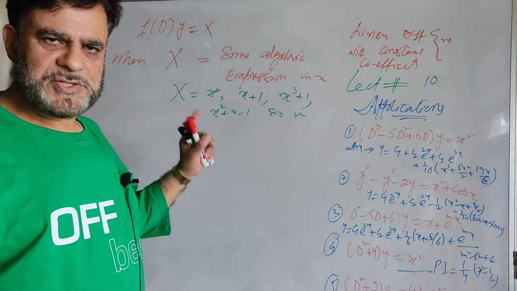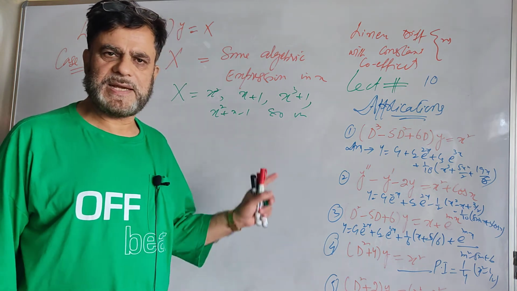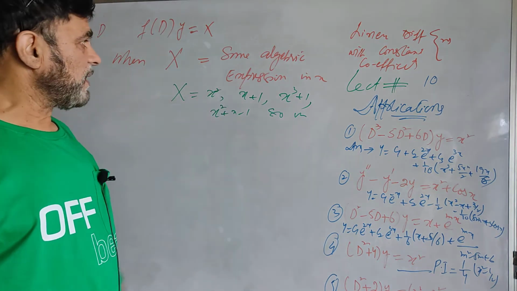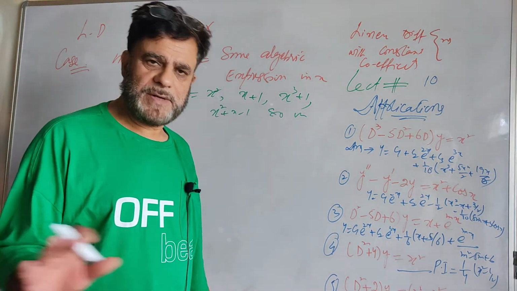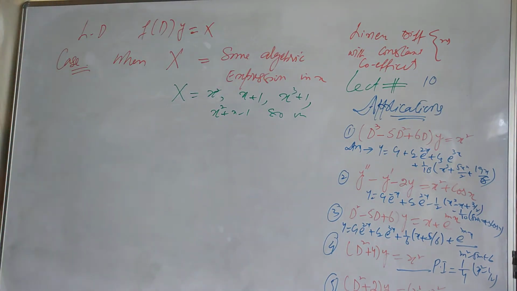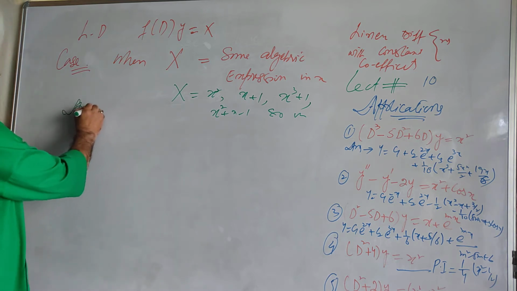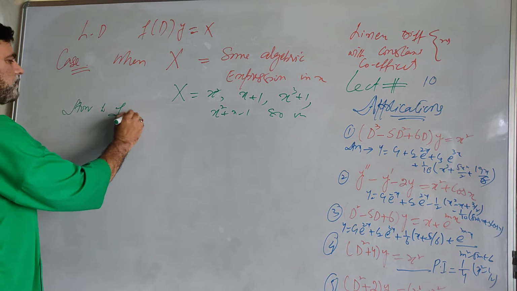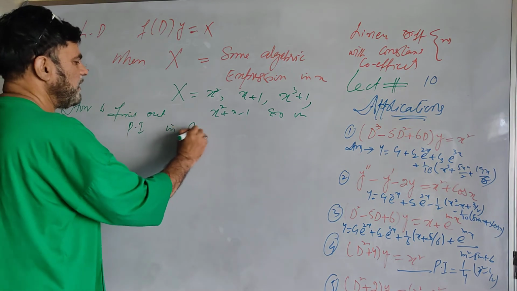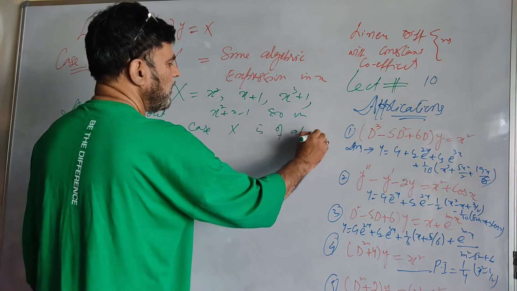The complementary function part is the same in all the cases, whether X is an exponential part, trigonometric, or this algebraic expression. The complementary part you find the similar way that you did in previous cases. Now I want to discuss here how to find out the particular integral in case X is of above forms.